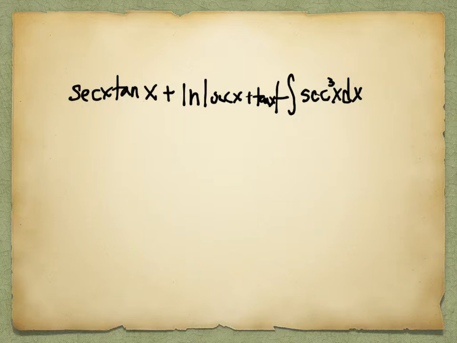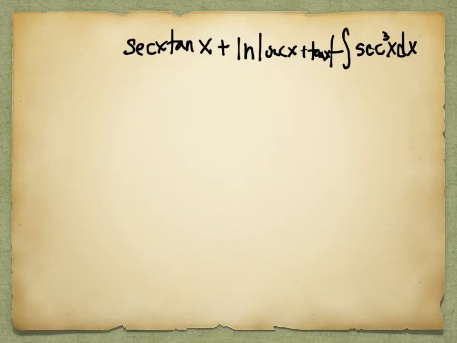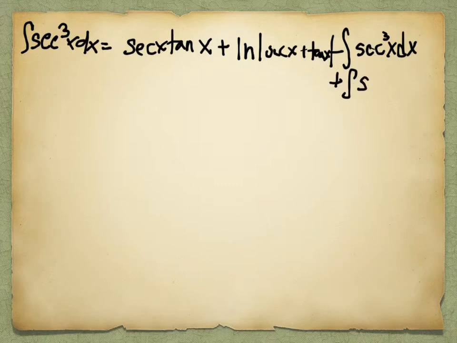Okay, so when I get to this point and I recognize that a piece of it is just like what I started with, I have to write it in an equation form, which is exactly what we did earlier today. We wrote the secant of x cubed on the left, and I've got it on the right. So unlike the one that I started with, now I just have negative of this, so the only thing I have to do is add a positive one. So plus the integral of secant cubed x dx.